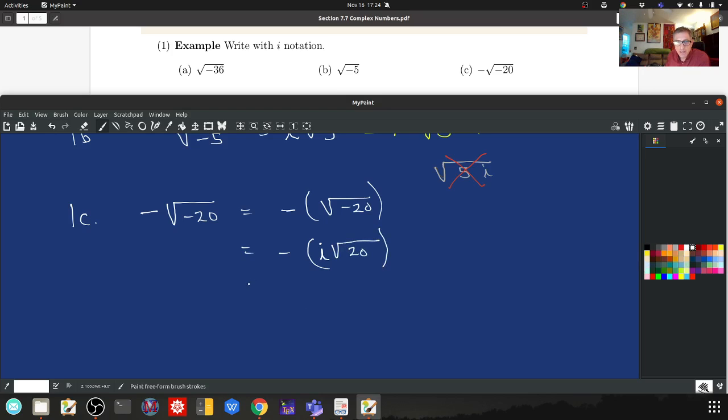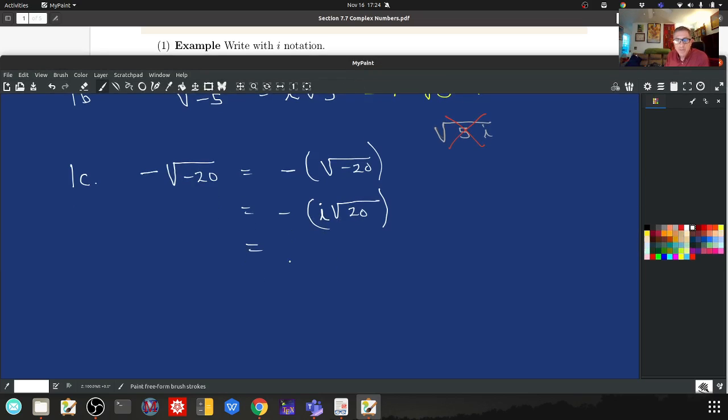I'm not done yet, but I can go ahead and remove the parentheses if I want and say that's minus i times the square root of 20, but I'm not going to do it just yet, because there's something I can do to simplify the square root of 20.